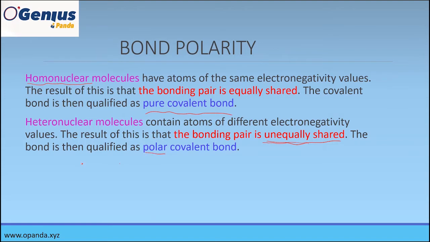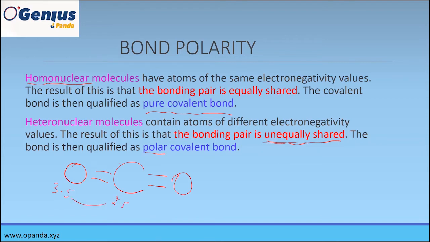It's because if, for example, we have carbon, which is bonded to oxygen, bonded to another oxygen, the electronegativity value of oxygen is 3.5, that of carbon is 2.5.